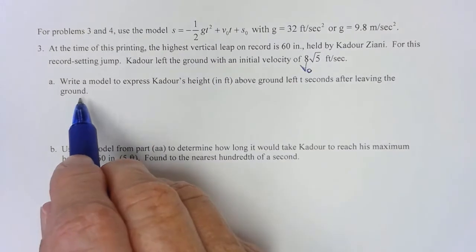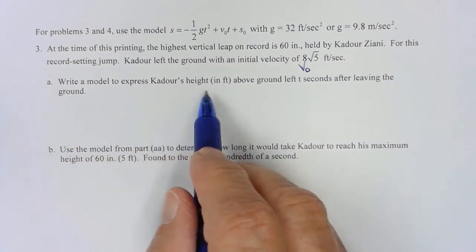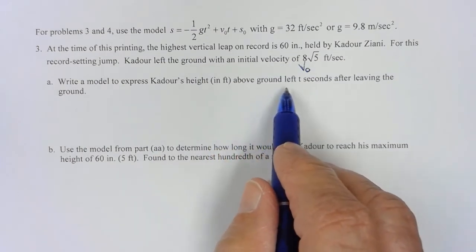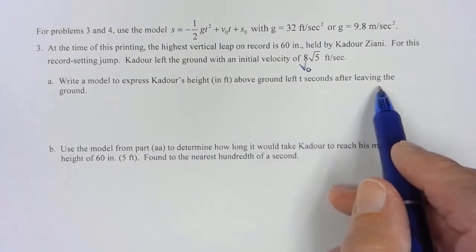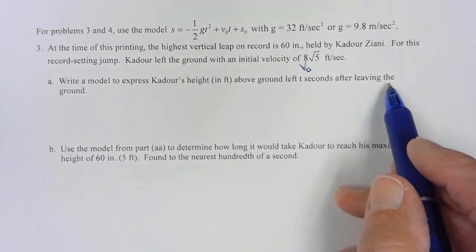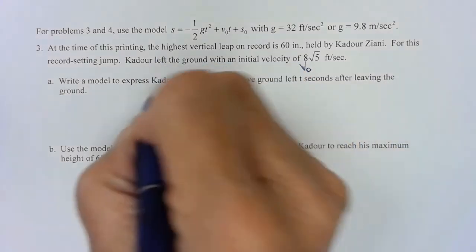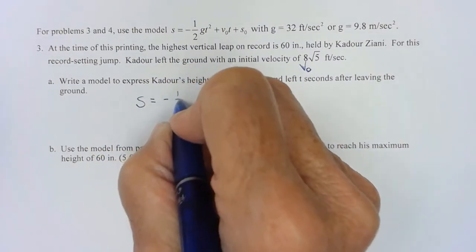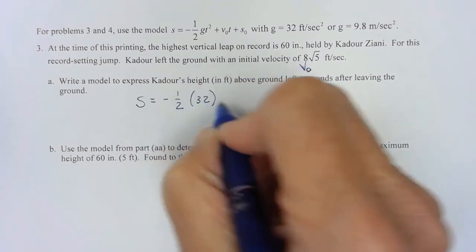First thing they want us to do is write a model to express Quadratic's height in feet above ground, t seconds after leaving the ground. Okay, so negative 1/2, I've got to use the 32.